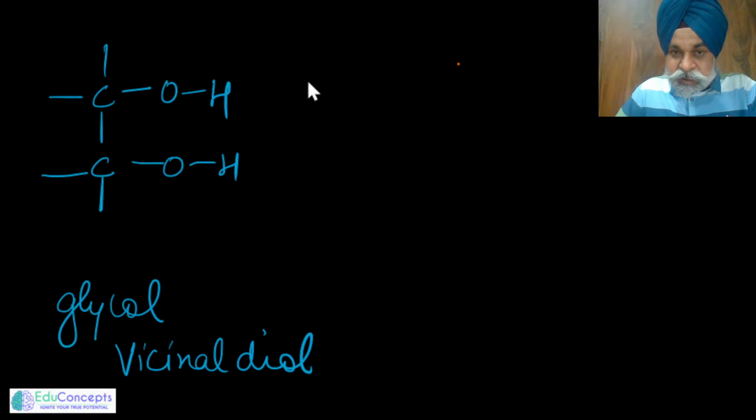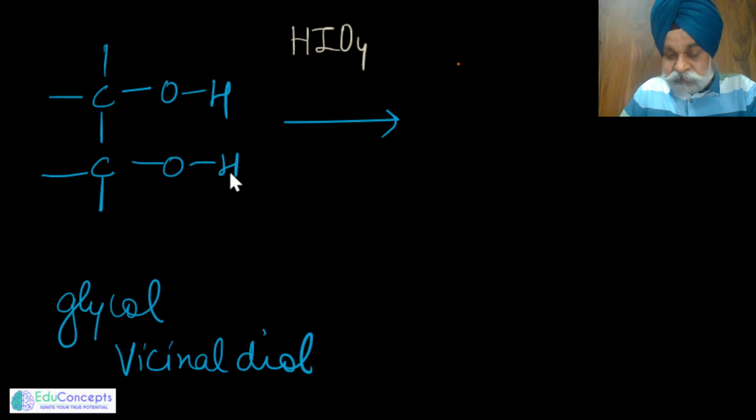Now the thing you have to remember is that HIO4 is treated with a compound which has this requirement that the adjacent carbons should have two OH groups, or the adjacent carbon should be oxidized in the sense that the carbon attached to the functional group would give a carbon a positive center.